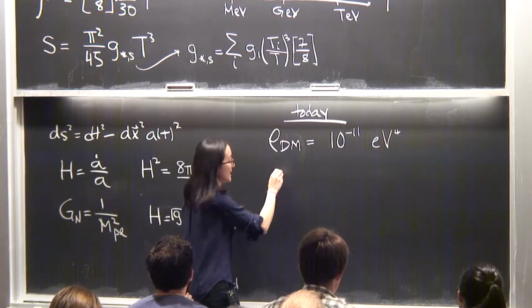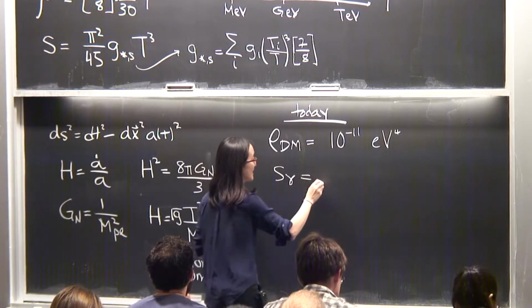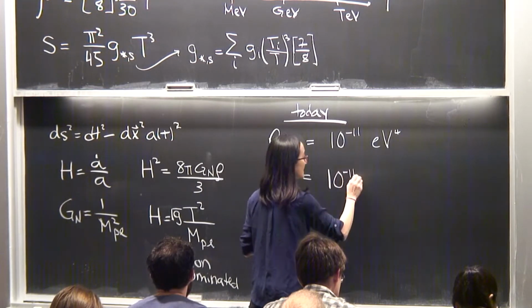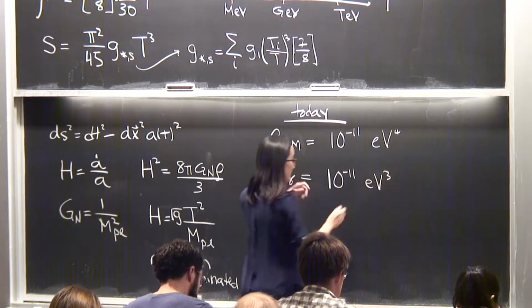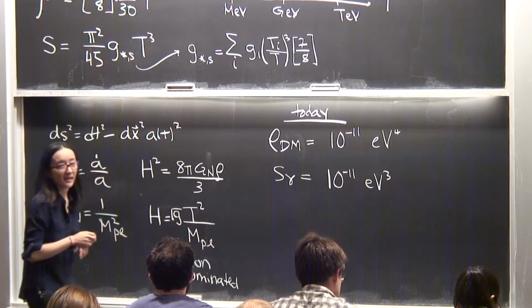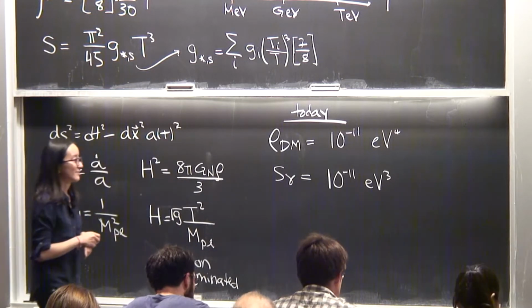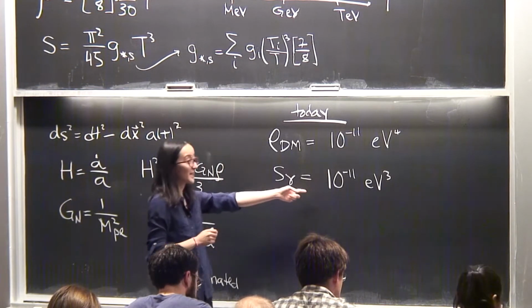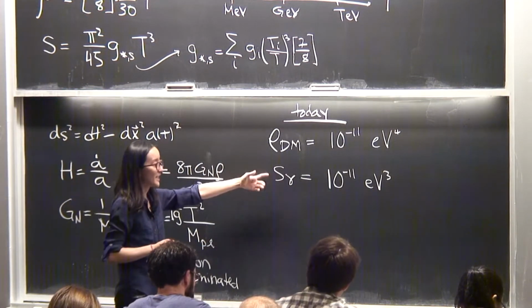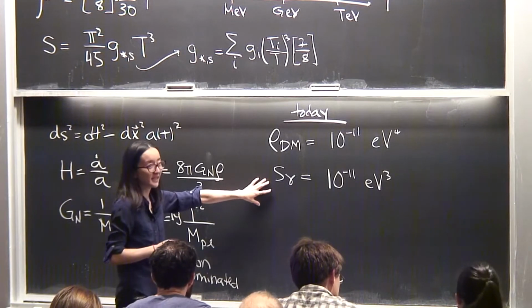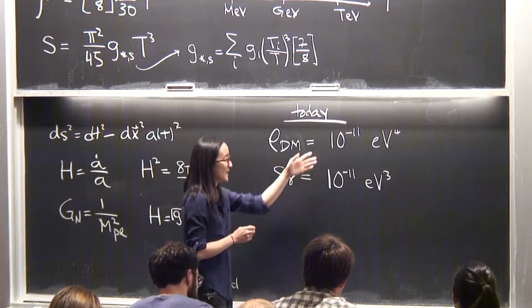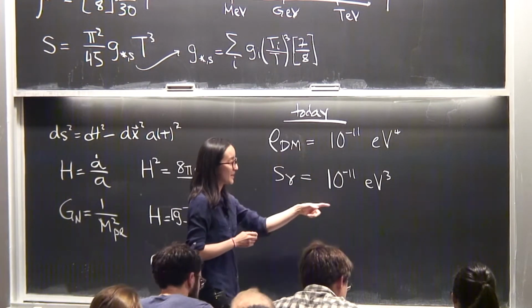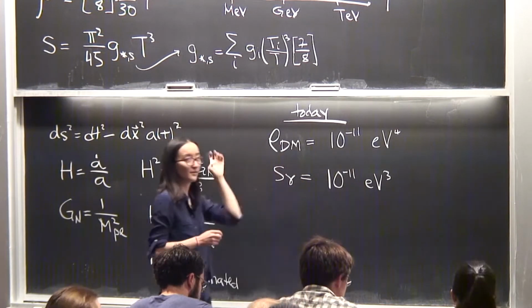And also I want to write the entropy in the photons today is about 10^-11 eV^3. And the fact that these are basically the same in this unit actually reflects the fact that matter radiation equality occurred at a temperature of around an eV.